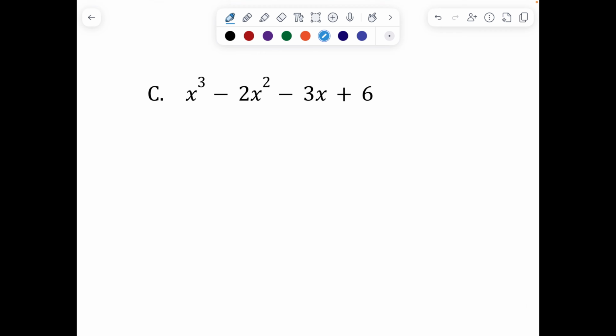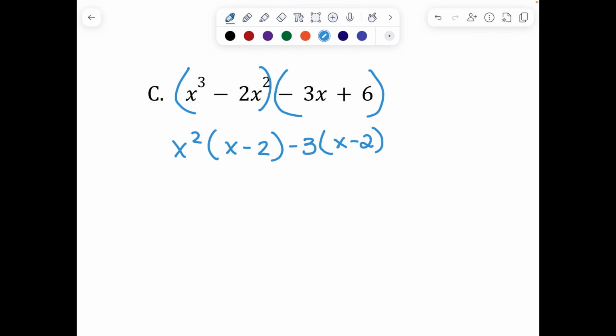Okay, C, we have x cubed minus 2x squared minus 3x plus 6. So I know I'm going to have to factor by grouping. So I'm going to go ahead and take out an x squared from my first group. So I'm left with x minus 2. I have negative 3x plus 6, so I need to take out a negative 3.